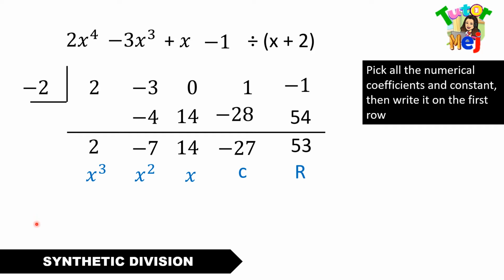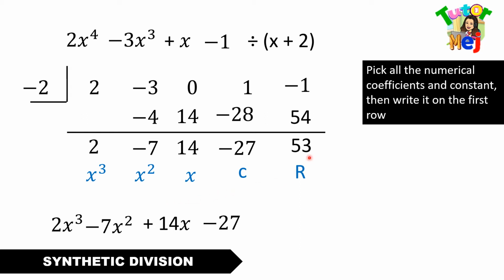Okay, so to finalize this one, we will just pick the numerical coefficient and the variables. So we will have here 2x cubed minus 7x squared plus 14x minus 27.